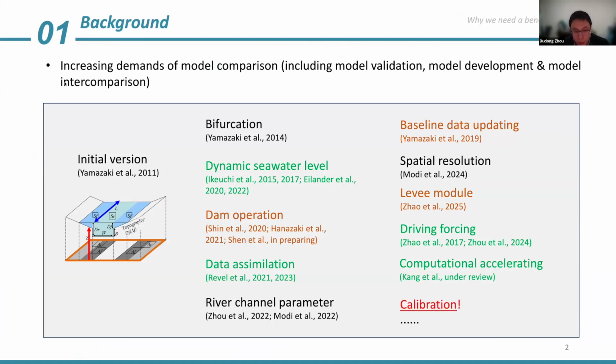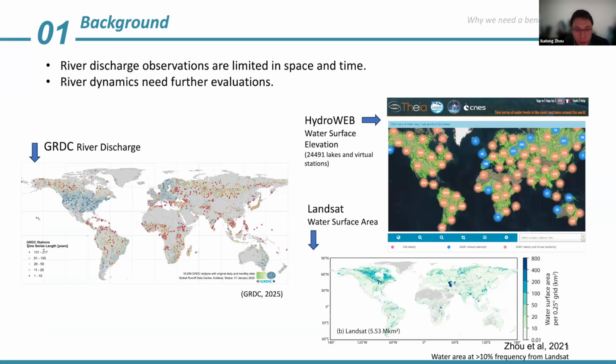And also we need to have the calibration, which needs a lot of simulations. So in this case of large demand of running CaMa-Flood and assessing the performance of the model, we need to do the benchmark.